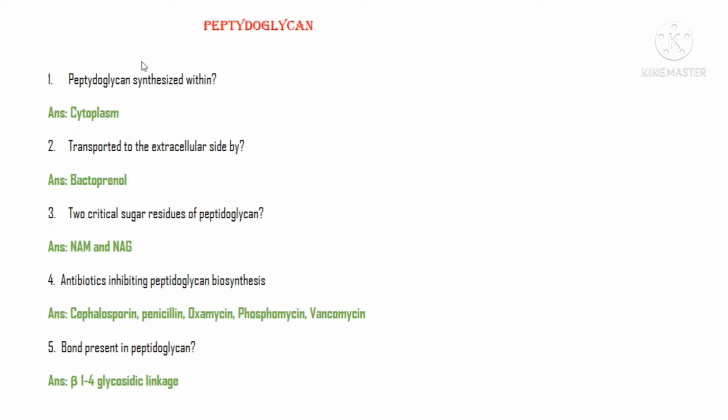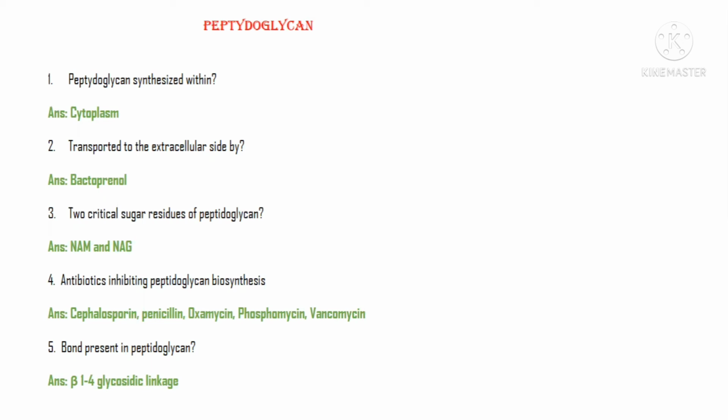See here. If you're studying peptidoglycan, don't write the entire history about peptidoglycan. You know the basic structure of peptidoglycan, so no need to draw the structure. If there are some terms that you don't know, then make a question out of it and write its answer below.